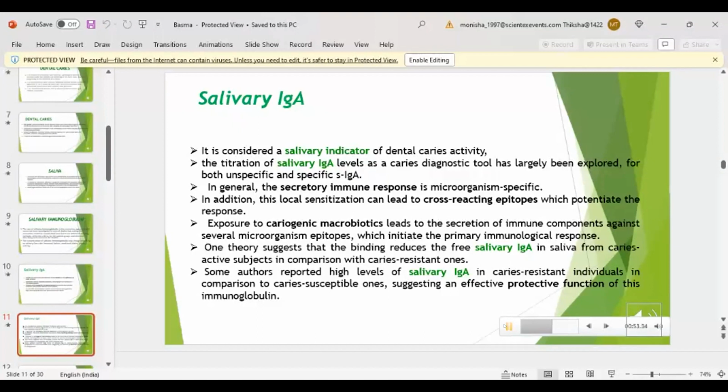The exposure to cariogenic microorganisms or microbiota leads to secretion of immune components against several microorganism epitopes, which initiate the primary immunological response. One theory suggests that the binding reduces the free salivary IgA in the saliva from caries-active subjects in comparison to caries-resistant ones.